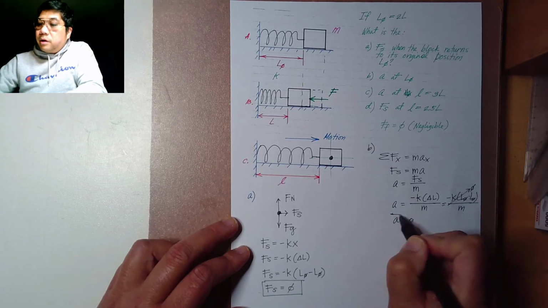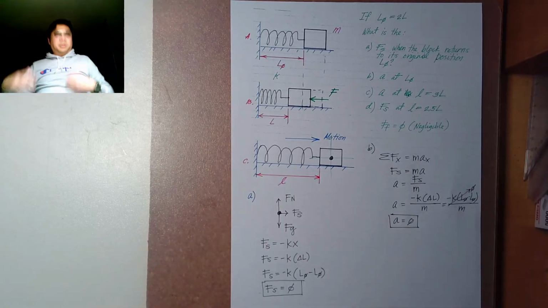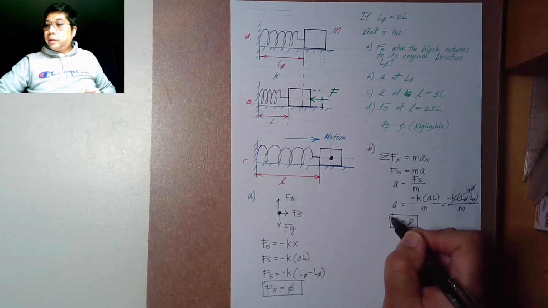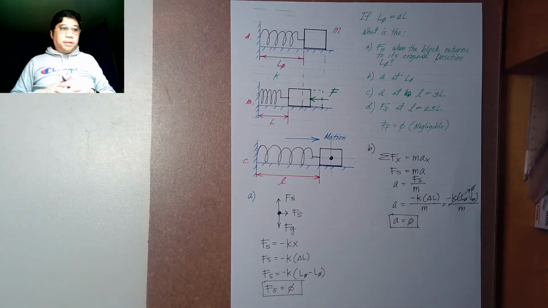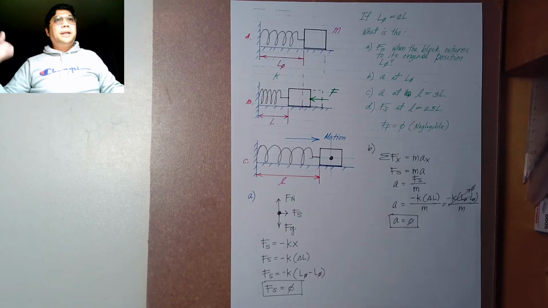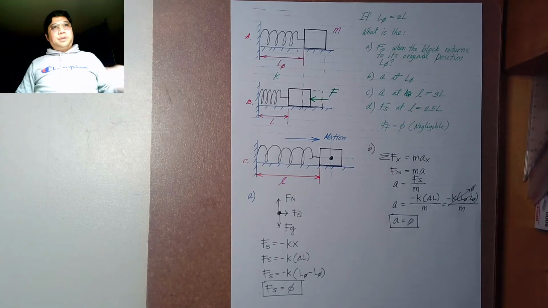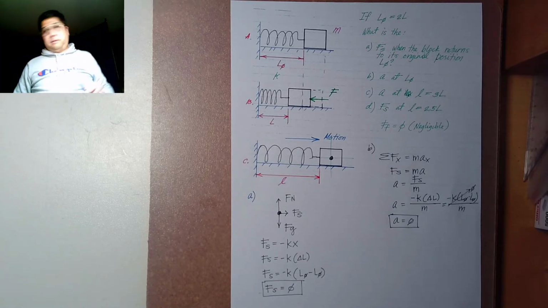It means, as we go over our topic about harmonic motion later, you will learn that at this point the block is moving at its maximum speed. So it's moving at its maximum velocity, going to the right.